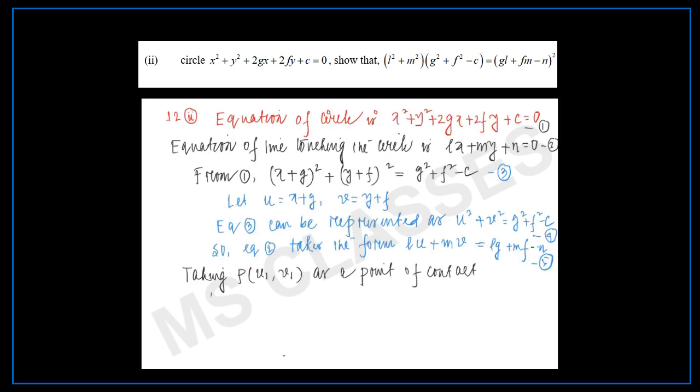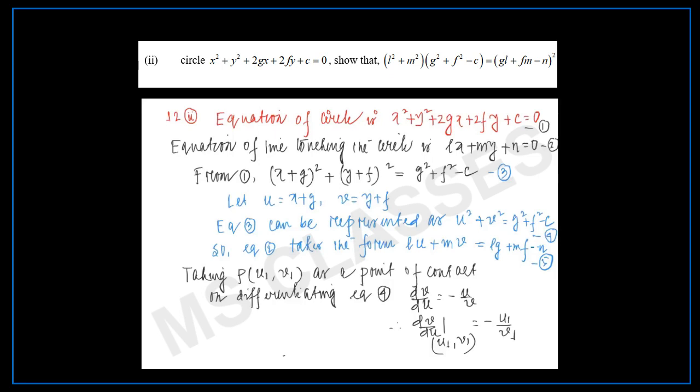Now on differentiating equation 4, what we get? dv/du equal to minus u by v. Therefore, dv/du at (u1, v1) equal to minus u1 by v1.